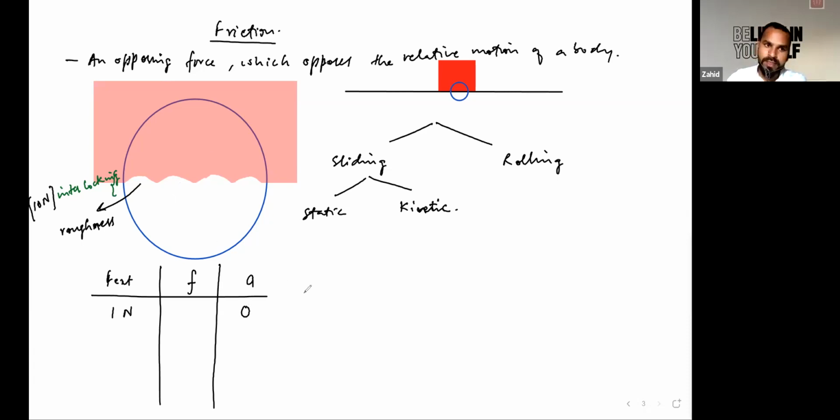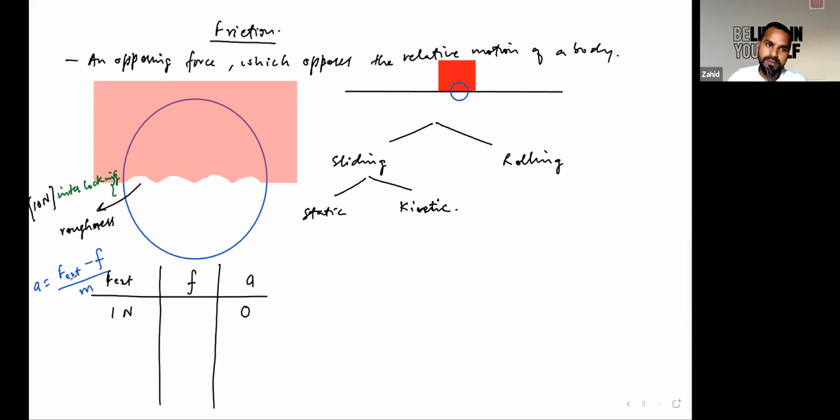Now, if you calculate equation to find acceleration for this part, it will be A is equals to net force, that is F external minus friction, divided by mass of body. So in this part, since acceleration is 0, this whole part would be 0.